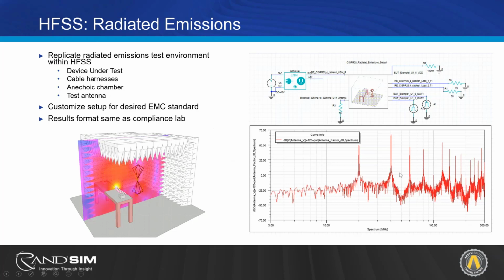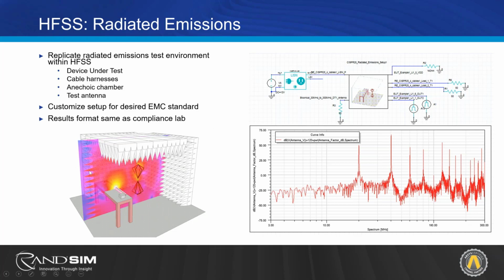And the output is what you typically expect to see from a certification lab: a log plot that is showing all of your EMC potential issues and just the general radiated performance of the device. Furthermore, you can plot fields.